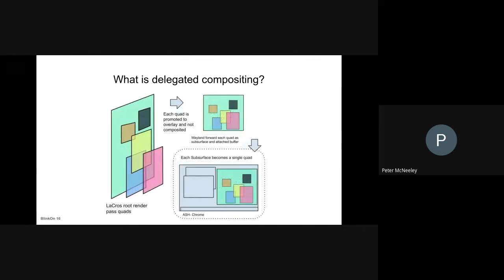With delegated compositing, instead of compositing these rasterized quads in Lacrosse, we simply send them over Wayland as subsurfaces and buffers. Our compositor, in this case Ash Chrome, then composites these buffers and quads at its discretion. It is in this way that we say the compositing has been delegated.